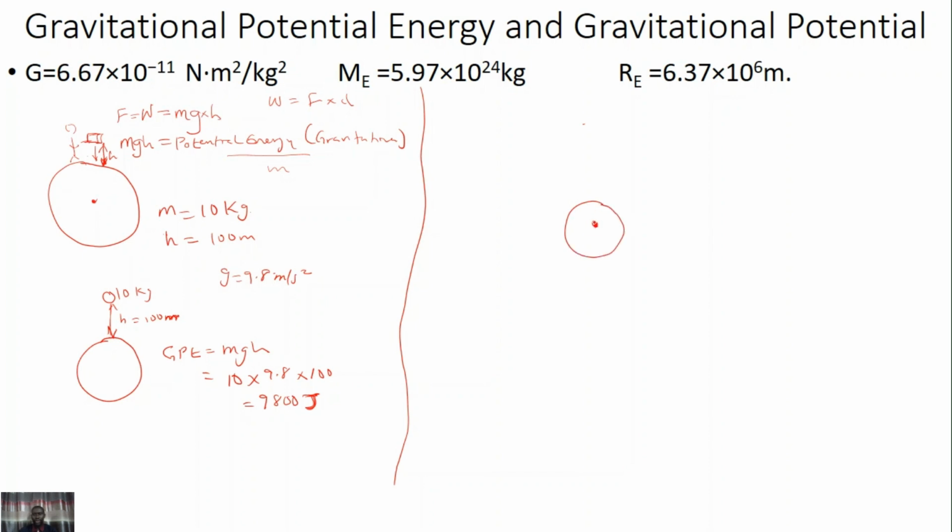If you watch my video on Newton's law of universal gravitation, I told you that as you move higher, as you go higher away from the earth, the acceleration due to gravity reduces. And the reason why it is like that is, recall from the formula, force is equal to the gravitational constant times mass of the earth times mass of the object divided by r squared.